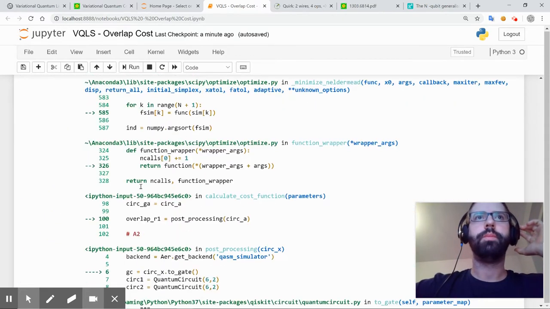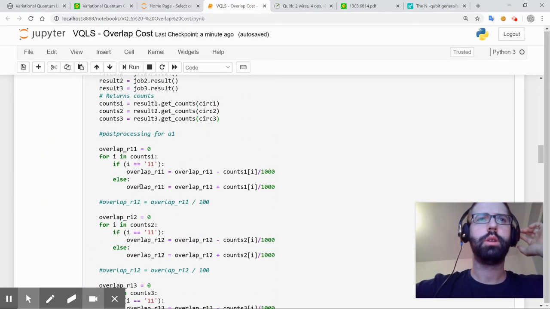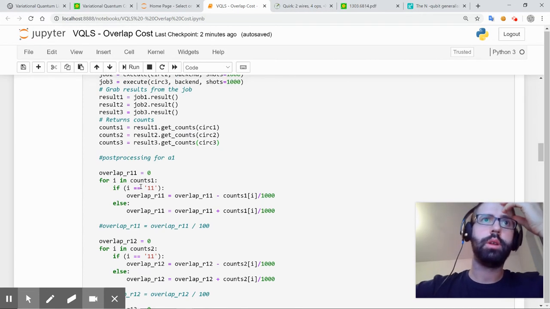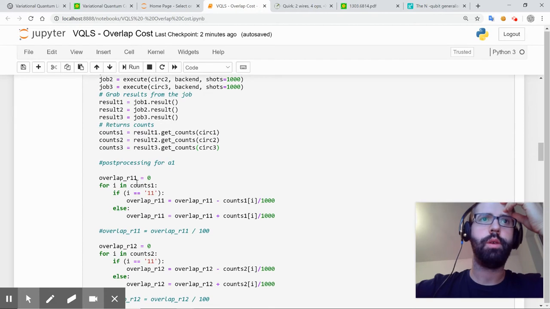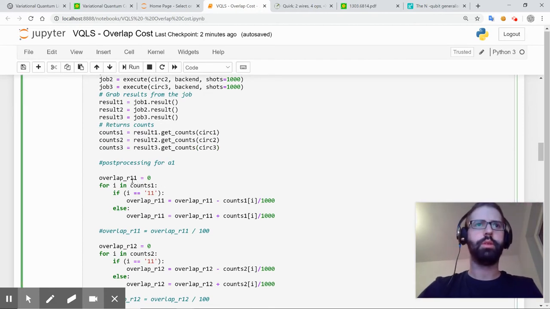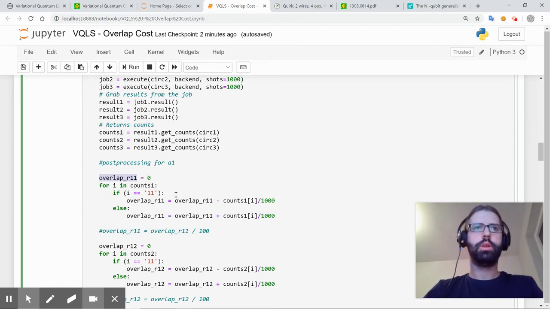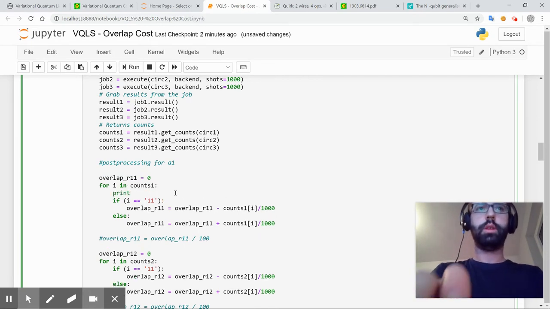So maybe I want to take a look at the counts. I've done this earlier. Or at how each overlap updates. Why is it 0.5? Maybe those loops don't work well. So let's see how the overlap goes. Here I want to print i.